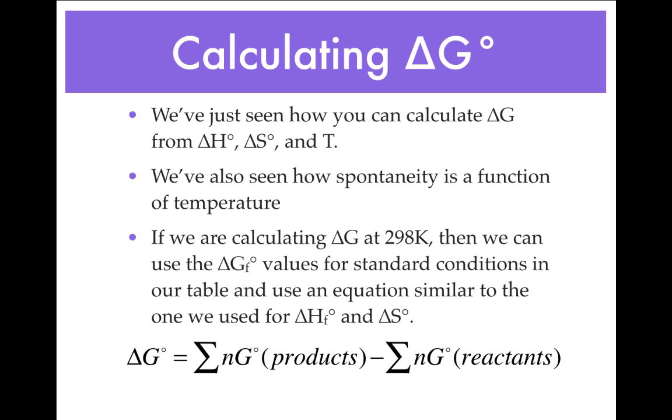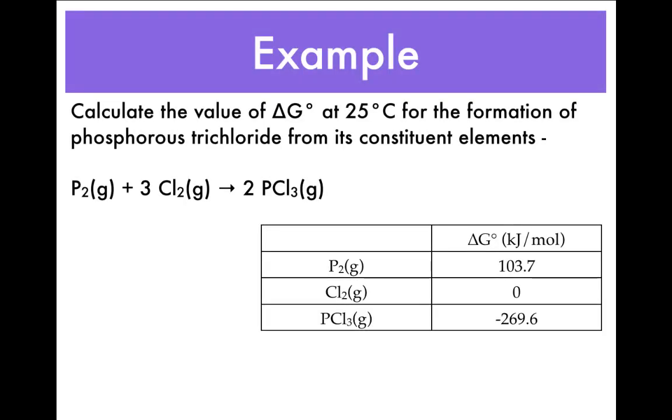So again, products minus reactants, where the n's there represent the stoichiometric coefficients in front of each substance. So here's an example that uses the exact same reaction that we had earlier using delta H's and delta S's, but here we're going to use it with our delta G's.